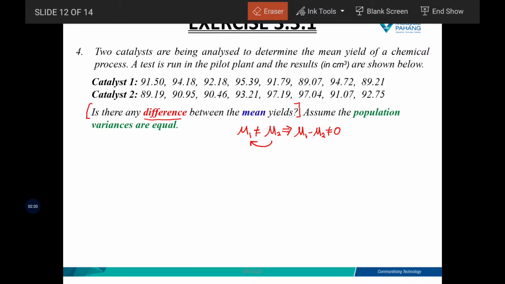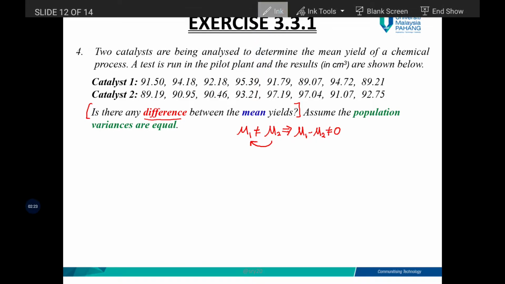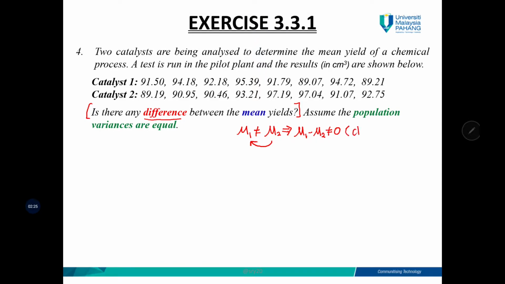So we write the claim here. Claim for this question. Now step 1, construct the hypothesis. When we look at the expression used in the claim, you can see that the claim consists of an unequal sign, which means that this is under H1.